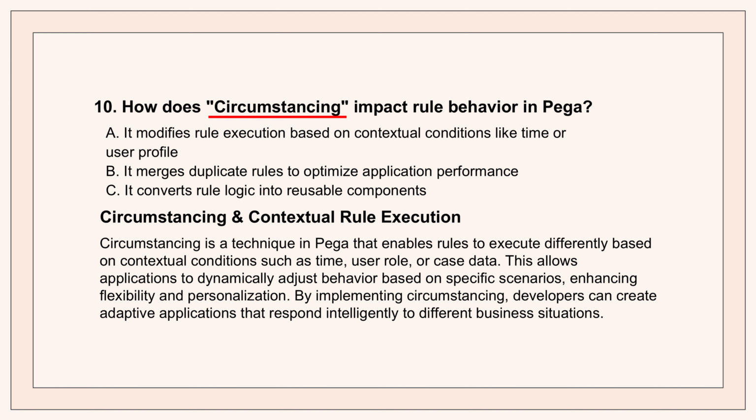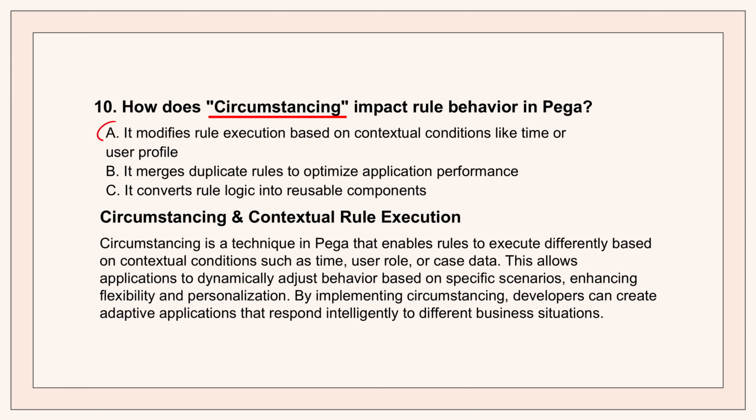Circumstancing is all about adding those if-this-then-that conditions to your rules. Okay, I'm starting to see how that works. Yeah, you can tailor how your application behaves depending on different factors. Like, you could have a rule that works differently based on the time of day, the user's location, or even their past actions. So it's all about making those rules more dynamic and responsive. Exactly. That makes option A the correct answer for this one.